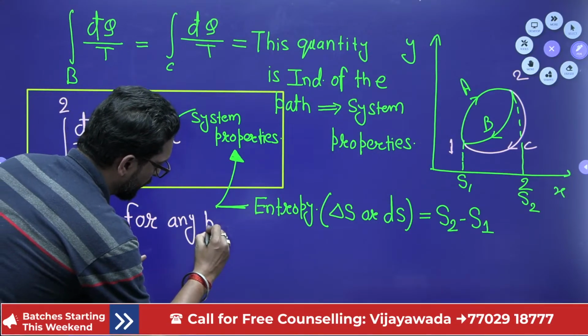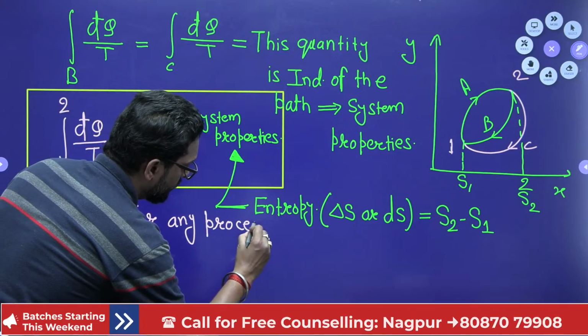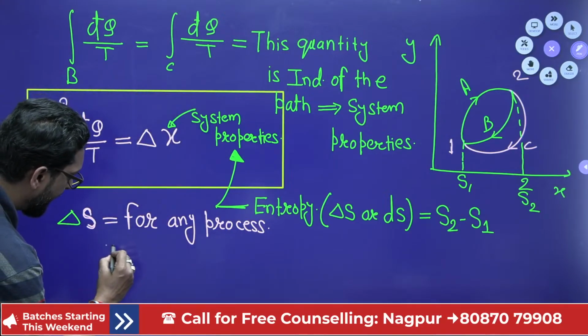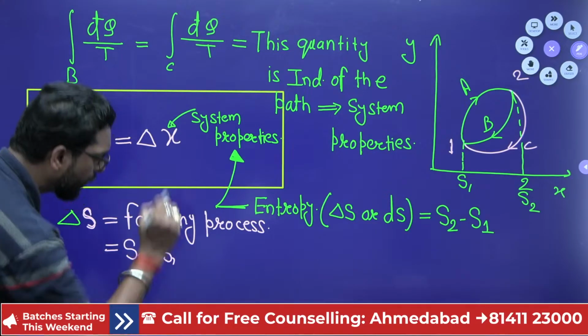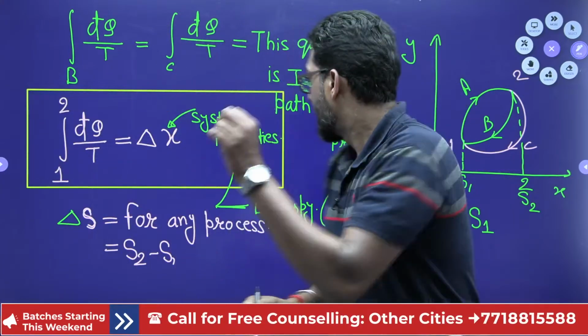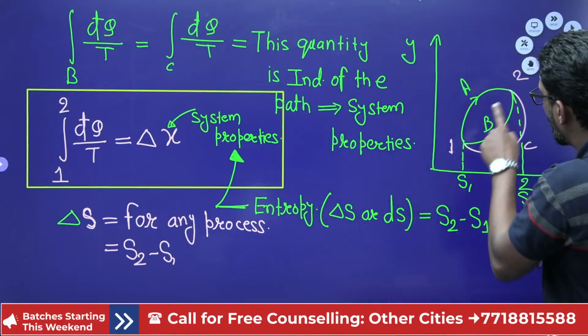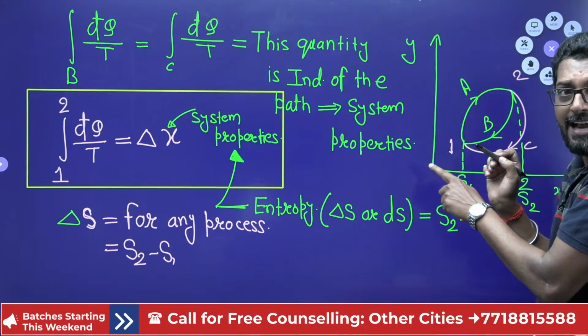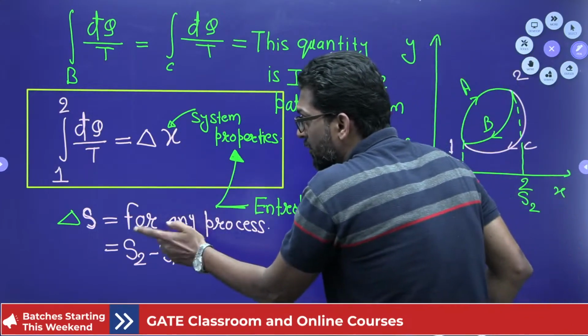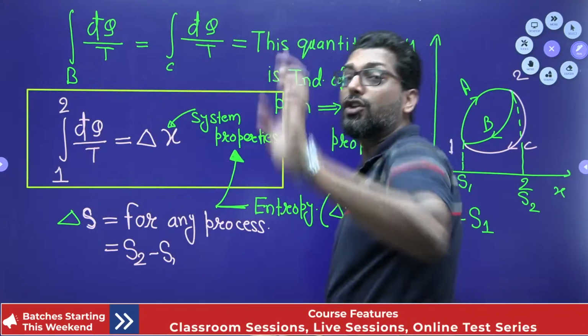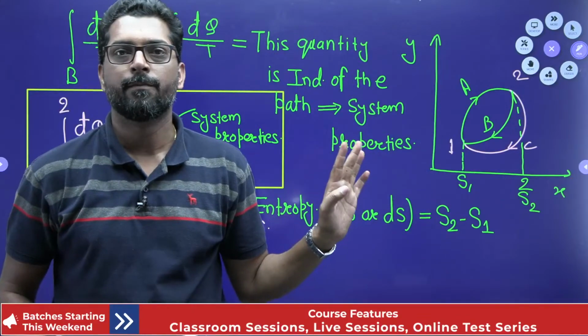That means S2 minus S1 is for any process. This is 1, this is 2, you can join any process, either reversible or irreversible. But the S2 minus S1 change is equal to dq by t only for the reversible.